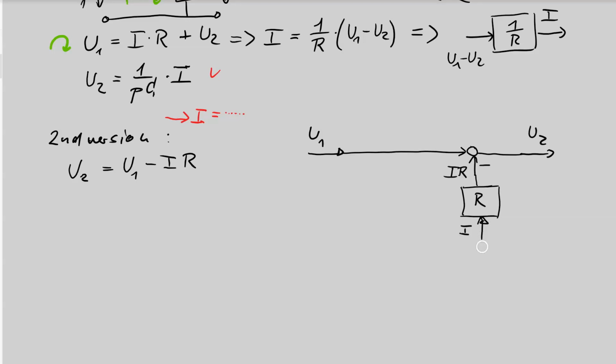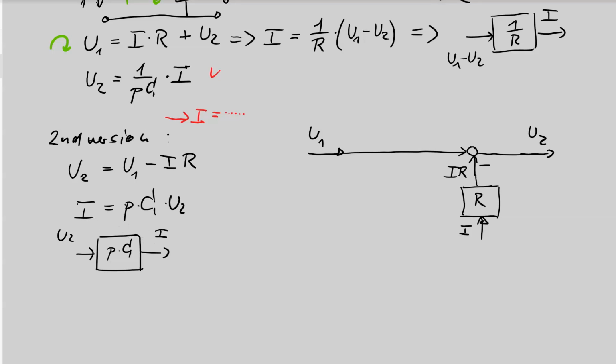So I have now the open input I, so I need now a second equation. You see, same equations, but now solved for the current: I is P times C times U2. That means output I, this block, this equation can be drawn in that way. I is the output, U2 is the input, and U2, the input signal, must be multiplied with P times C to get the output signal.